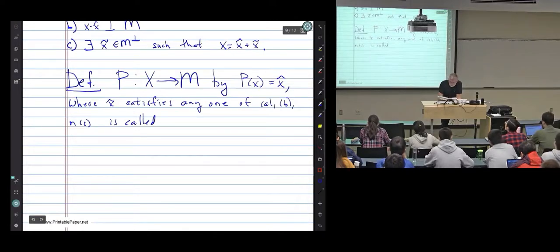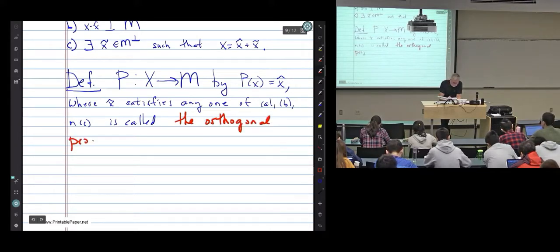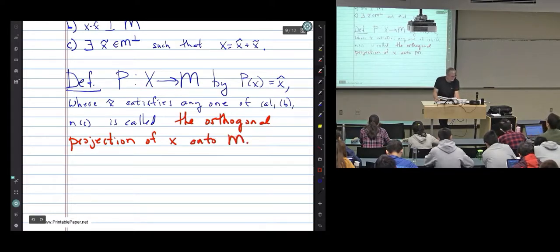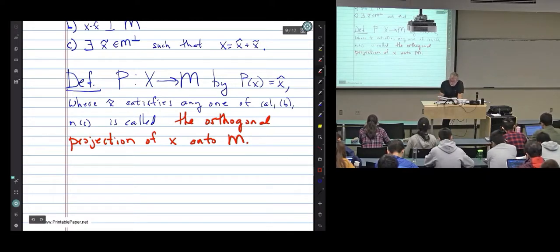Is called the orthogonal projection of x onto M. Okay.